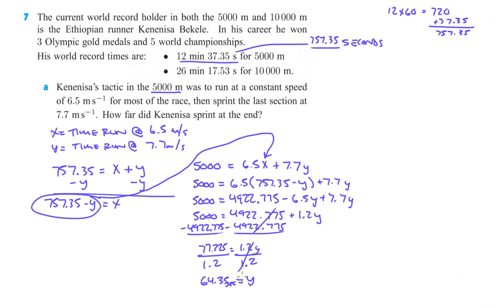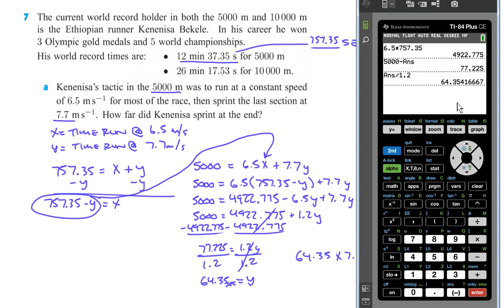Let's see, how far did Kenenisa sprint at the end? He sprinted for 64.35 seconds at 7.7 meters per second. So we take 64.35 times 7.7 to tell us how far he sprinted.